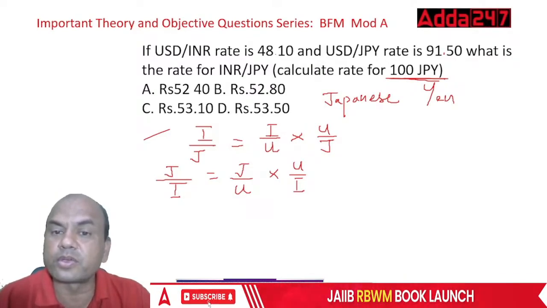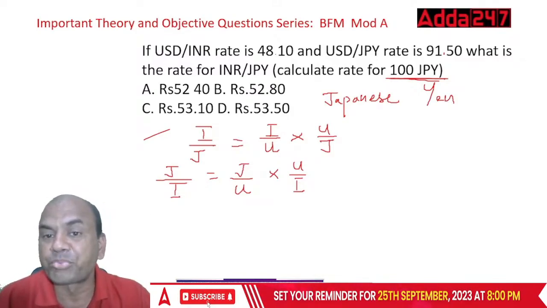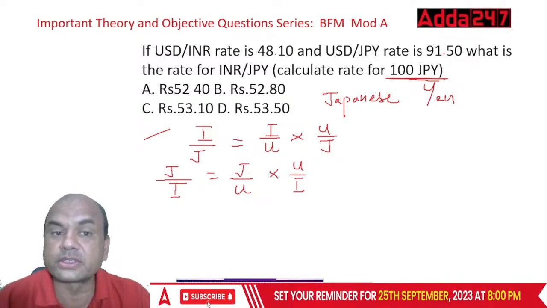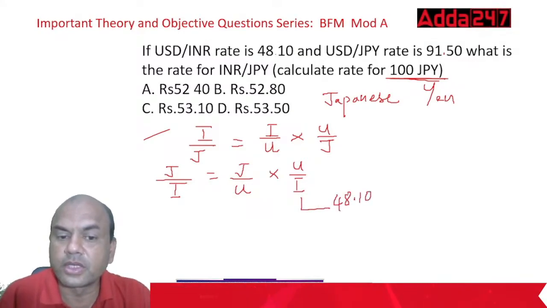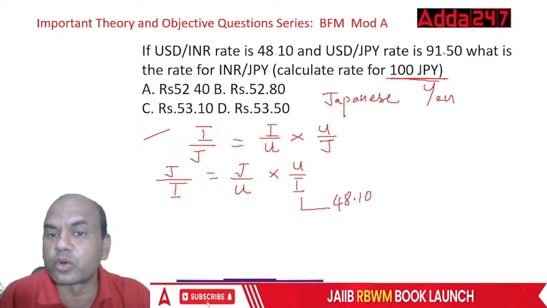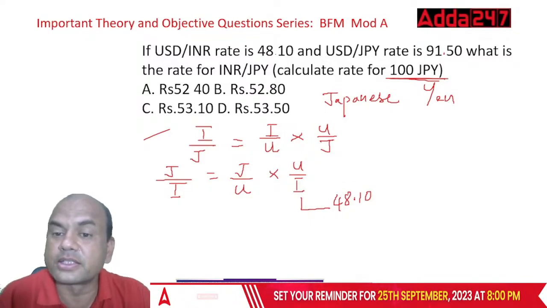So JPY to USD, what is the rate? And USD to INR, you know it. See here, this is 48.10. And JPY to USD, you don't know. This is 91.50, but that is USD to JPY.